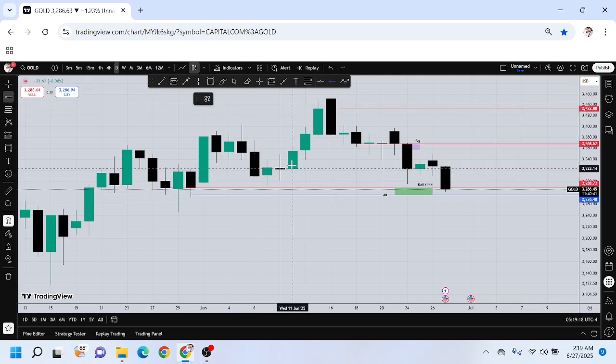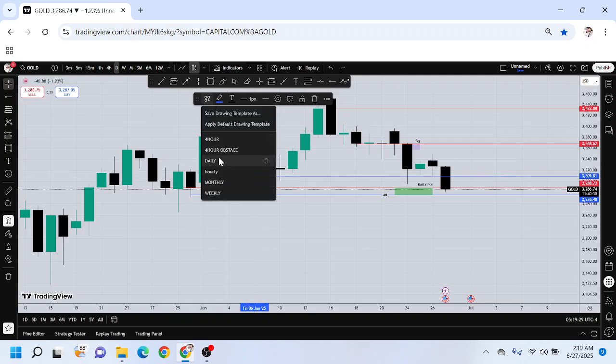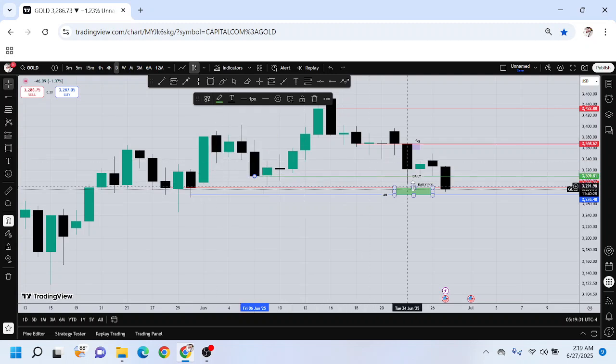So, firstly, let me just mark out this support here on daily. Can you see, this is the level we indicated and we predicted, and we said this is our overall movement since the start of the week.